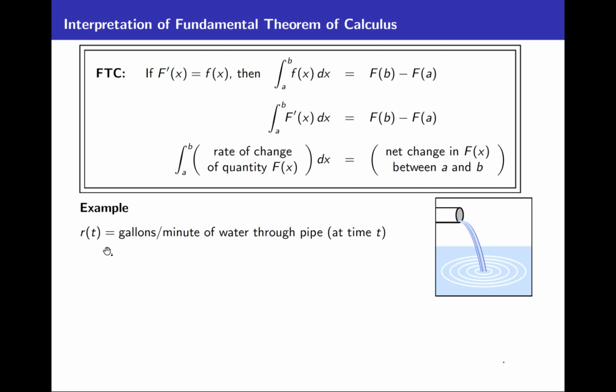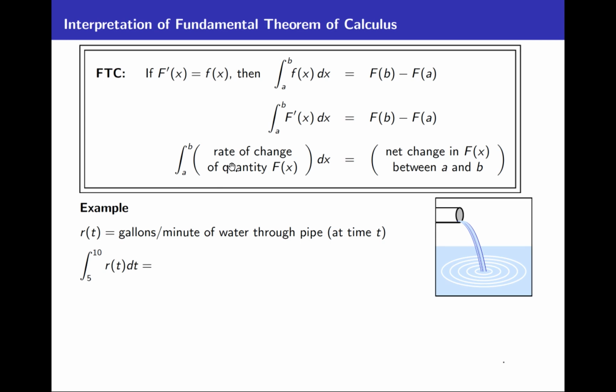r of t gives the instantaneous rate of change of gallons per minute of water coming through that pipe at time t. And that's a rate of change. You might look at it as the rate of change of the quantity which equals the amount of water that has come through that pipe at time t, the amount of water since midnight. Let's think about, say, the integral from 5 to 10 of r of t dt. r of t is the rate of change of a quantity, the rate of change of the number of gallons that have come through that pipe since midnight.